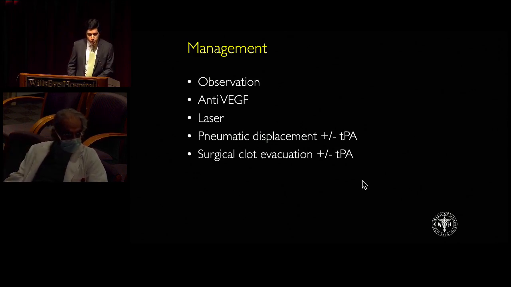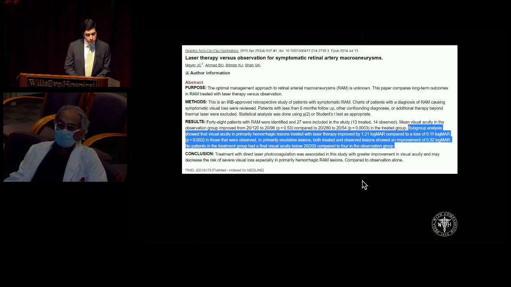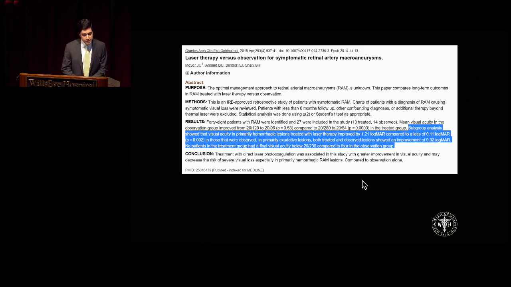I just wanted to quickly review some of the literature, which is almost completely retrospective in this regard, comparing different treatment modalities. So this is a study comparing laser therapy versus observation in patients with symptomatic RAMs. The choice of treatment was done at the discretion of the physician. And as you alluded to, the laser treatment was done surrounding the lesion as well as to the lesion itself with green argon laser.